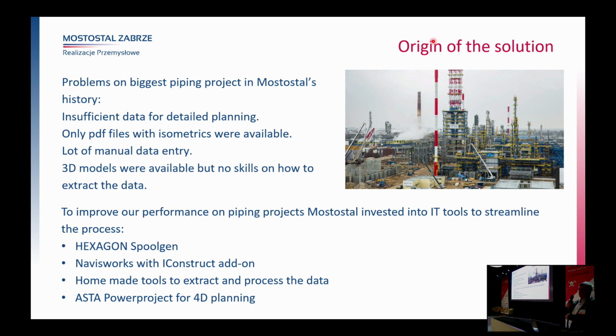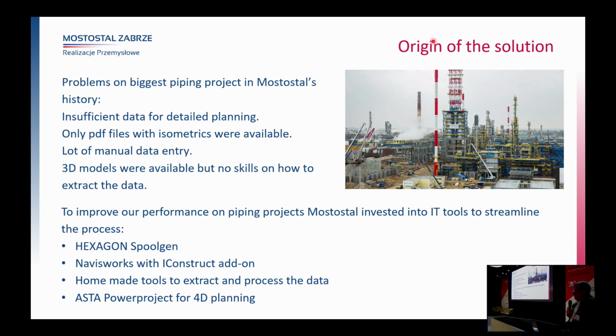We had, I think it was 10 or 12 years ago, a problem on the biggest piping project in our history. There was lack of information. We didn't have any databases of information on what is the scope of work.